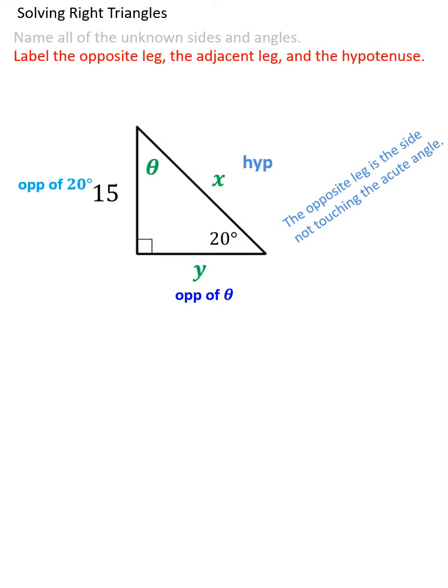For example, if the opposite is the leg of the right triangle not touching the acute angle, then we could call y here the opposite of theta, because y is the leg not involved in angle theta. But we could also call the 15 as being the opposite of the 20-degree angle. So in some sense, both legs are opposites, but opposite of what is the question? So one leg here is the opposite of the 20-degree angle, and one leg is the opposite of theta.